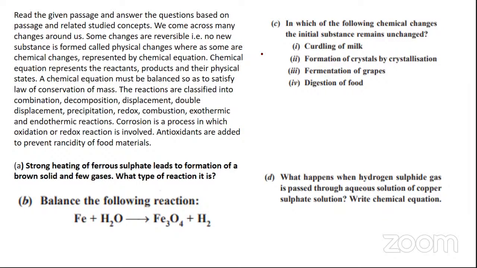Okay, Rishikesh, reduction or redox reaction, you should say, right? Whenever there is some reduction, there will be oxidation as well, right? There is no reduction without oxidation, right? So I've got 2 correct answers so far. I'm writing them down.